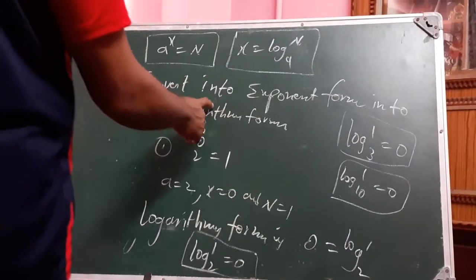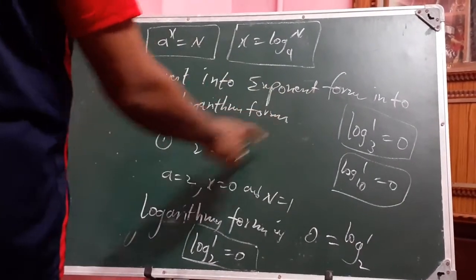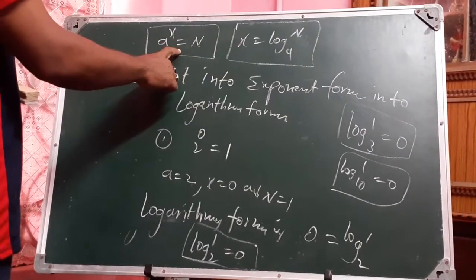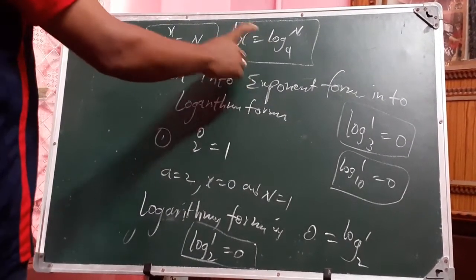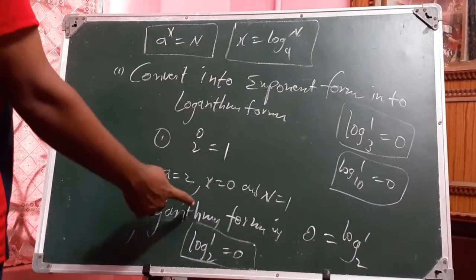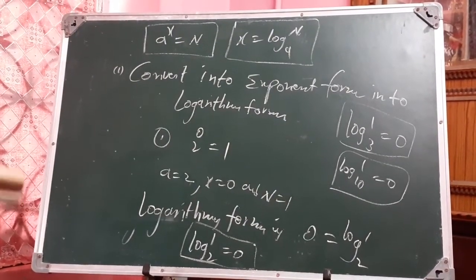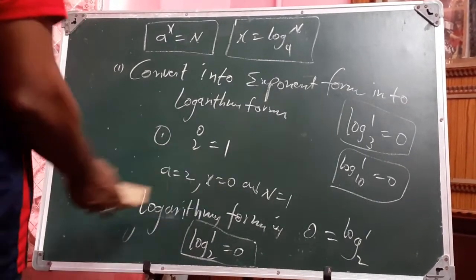Now convert exponent form into logarithmic form. 2 power 0 is equal to 1. Remember these two formulas. This is exponent form, this is logarithmic form. Write these values a, x, n and substitute in this formula. You get log 1 base 2 equal to 0.